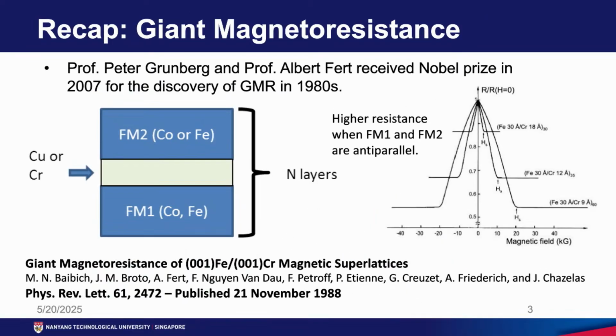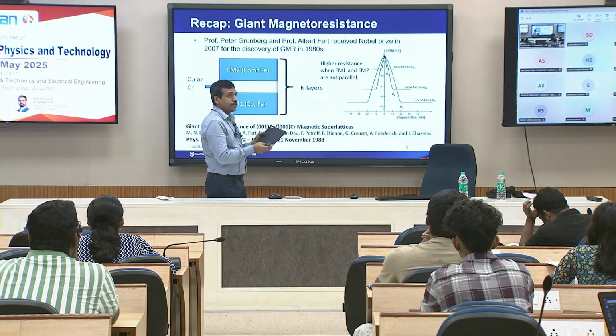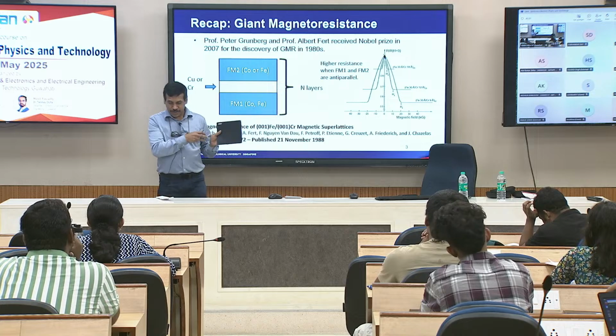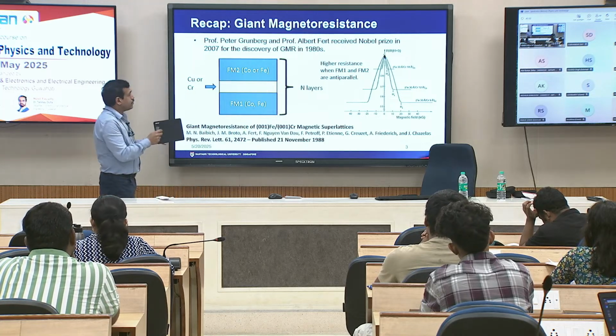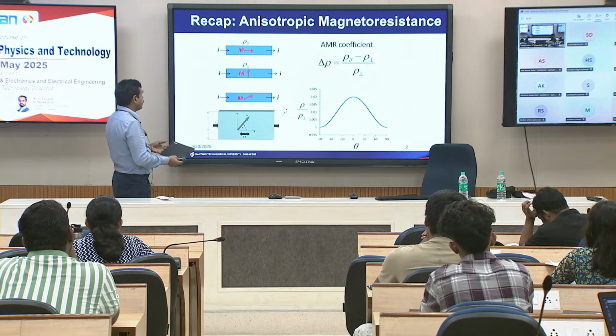The second concept we learnt is about GMR, giant magnetoresistance. In the case of anisotropic magnetoresistance, you have only one ferromagnetic layer. You do not need two or three layers, you just need one ferromagnetic layer, and you may have some additional layers for additional complexity, but they are not that important in the functional understanding.